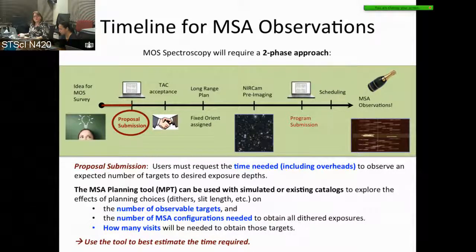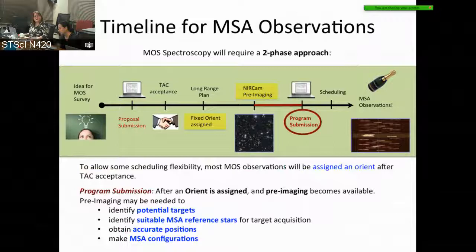And if NIRCam pre-imaging is required to identify not only targets but reference stars, to plan the observations in these tiny little microshutters, you have to be exactly sure where the targets fall in the shutters in order to place little slitlets on them in the sky. So if you need to be precise about your pointing for your science, you'll need NIRCam pre-imaging or other pre-imaging in addition to the fixed orient assignment. And then finally, the second phase is program submission, and you'll be preparing your detailed program submission using this MOS observing tool.